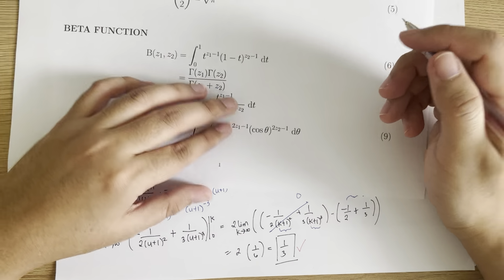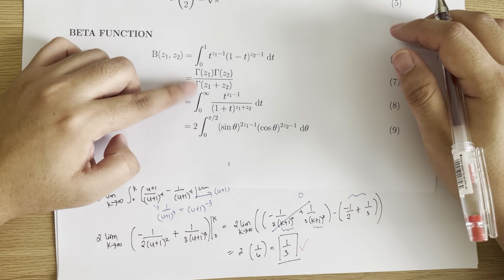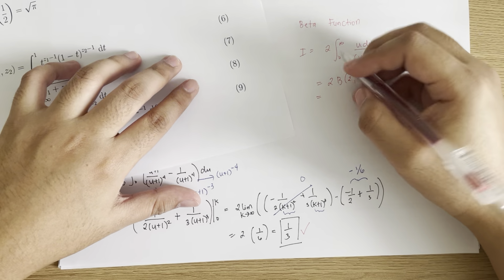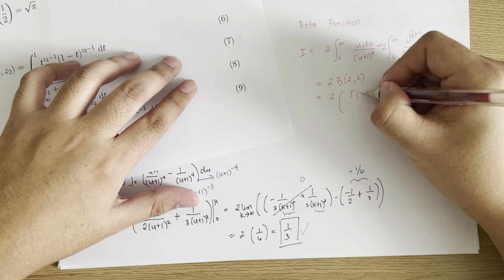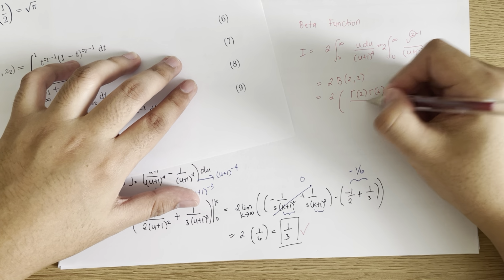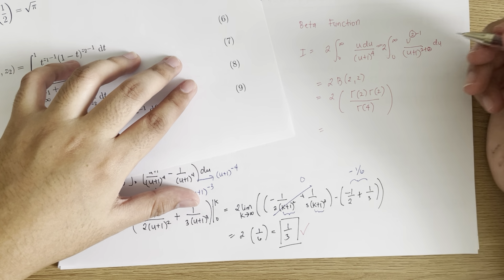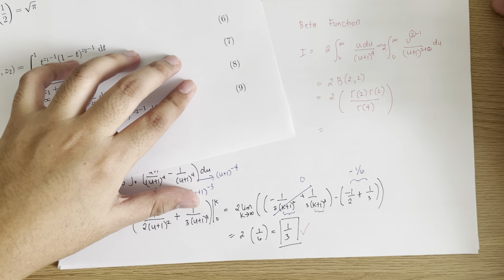And using the gamma relationship here, formula number 7, it's 2 times gamma of 2 times gamma of 2 all over gamma of 4. Now, the gamma function, in case you're not familiar, is just related to the factorial for whole numbers.